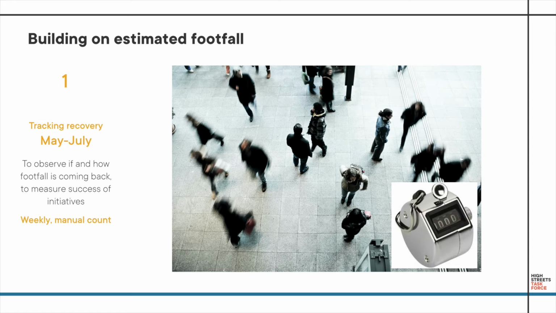To do this, we recommend that you count footfall on a weekly basis, gathering data manually to add to your dashboard. We're going to look now at when to count, where to count, and how to count, before moving on to how you can add the data that you collect to your dashboard.